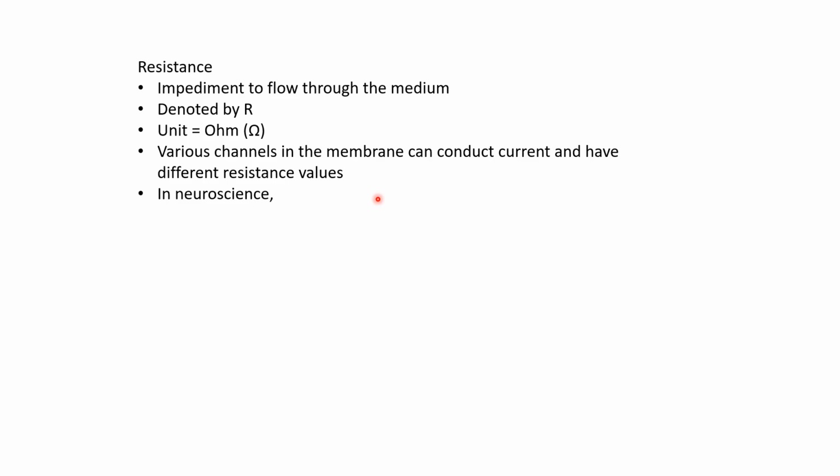And now let's see if you can guess what kind of resistance values we would encounter in neuroscience. Pause your video and see if you can guess it before I show the answer. Okay, so the values that we see for resistance are actually pretty large.